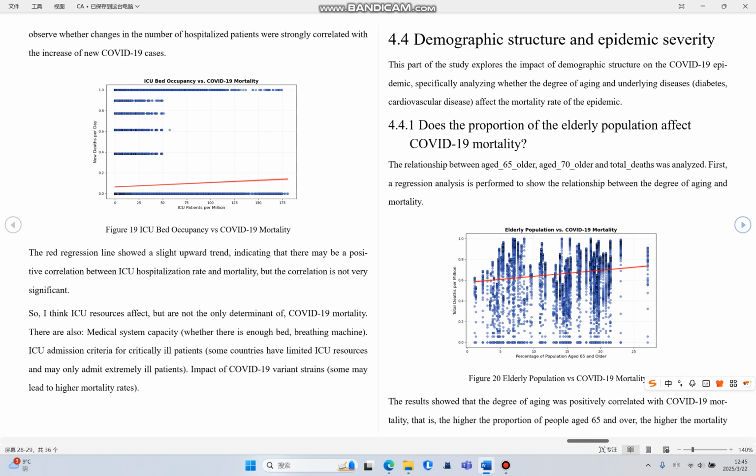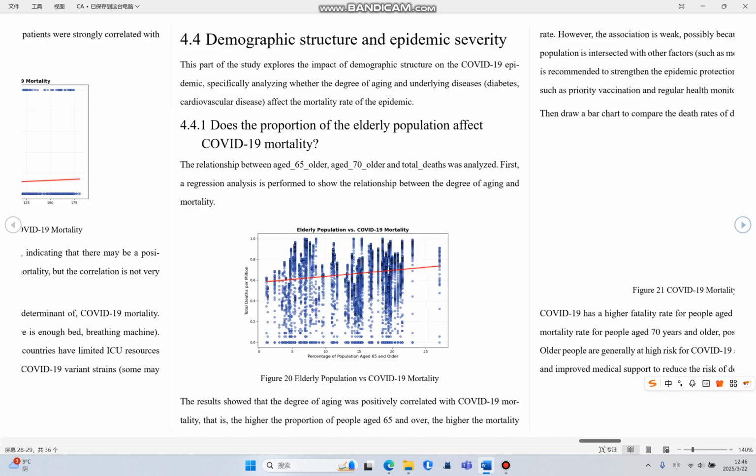And this graph shows the relationship between the proportion of the elderly population and COVID-19 mortality. Countries with higher elderly populations tend to have higher mortality rates. However, the weak correlation suggests that mortality is also influenced by healthcare resources and underlying diseases.